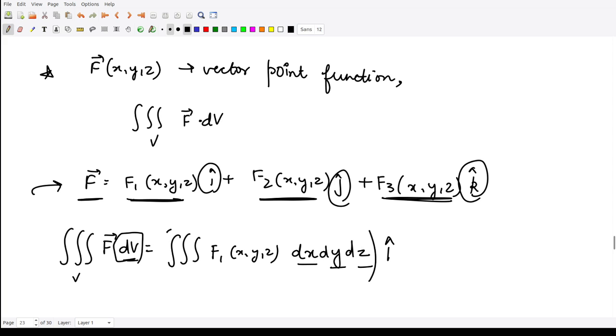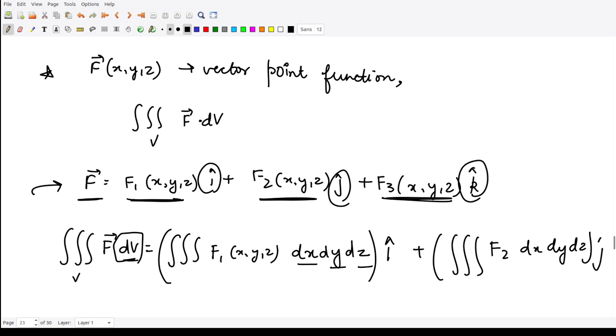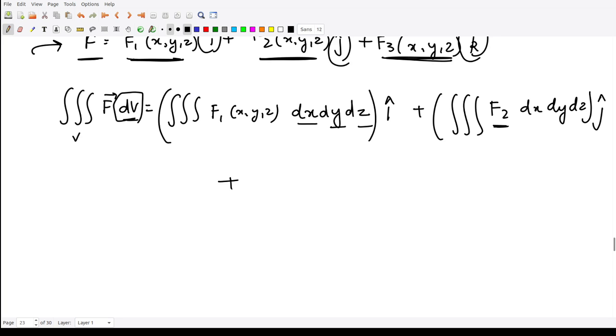So this is your first component. For the second component, it would be the integration of the function F2 dx dy dz times j cap. This is also a function of x, y, z. And then you have plus the third component, the integration of F3 dx dy dz, defined for the component k cap vector. So this is how you calculate volume integrals.